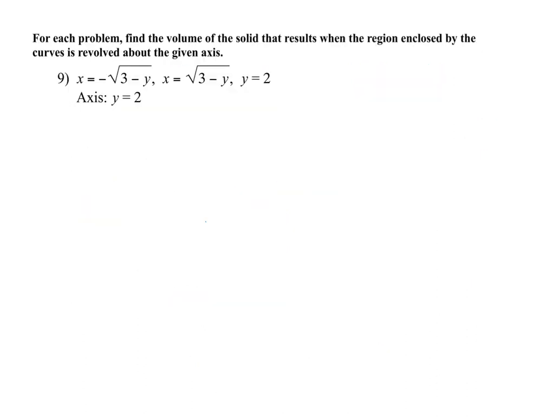Now, for this one, and for everything on this page, it tells you what your axis is. It doesn't mean that your axis could potentially not be x equals 0 or y equals 0. Happens to not be on the back page. If it said revolve around x equals 0, that just means y-axis, right? So don't let it throw you if they list it that way.